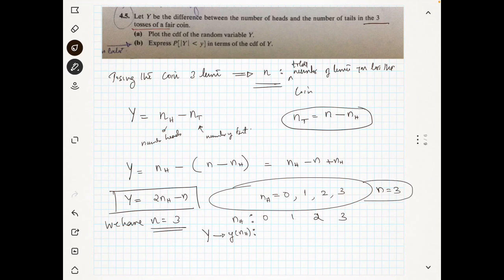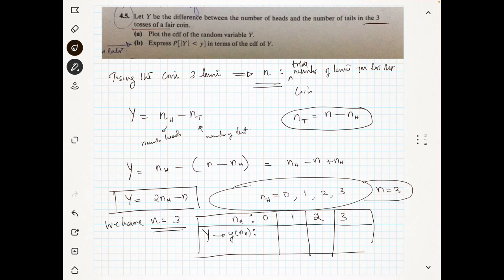So what will be our y of nh? I am going to show it in a table. Here is our nh, and y of nh is our random variable. Since n is equal to 3, we can use this formula. When nh is equal to 0, it becomes 2 into 0 minus 3, which is minus 3.